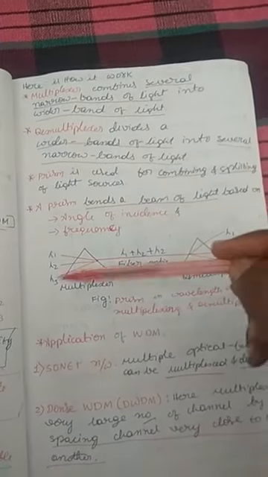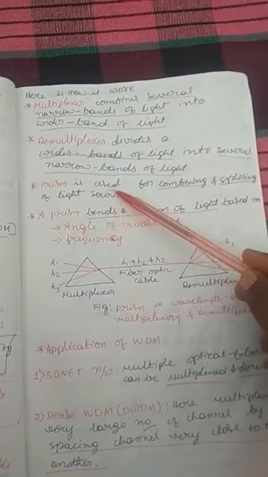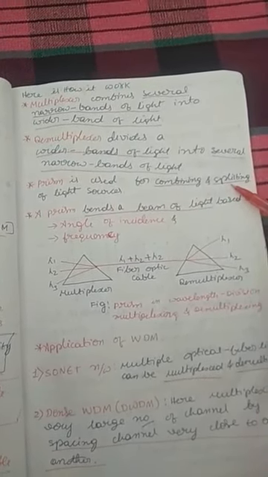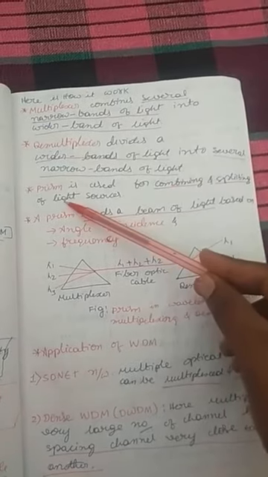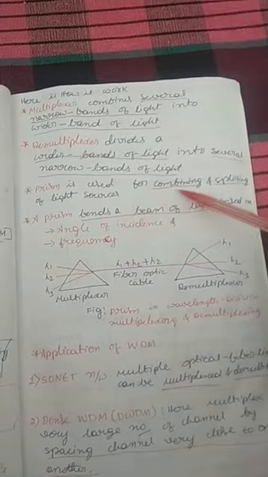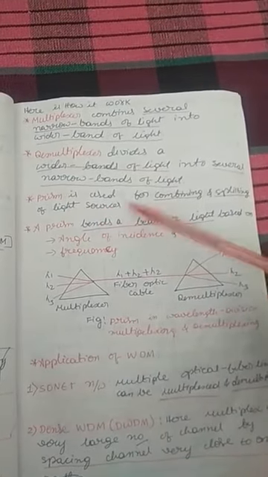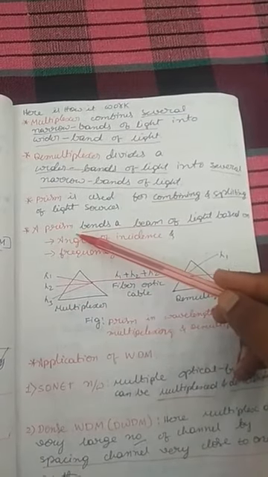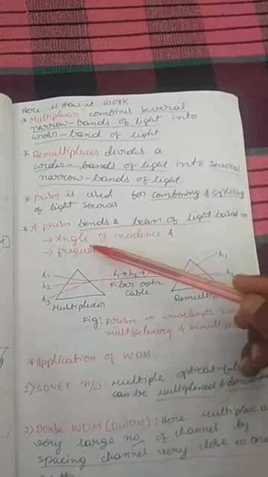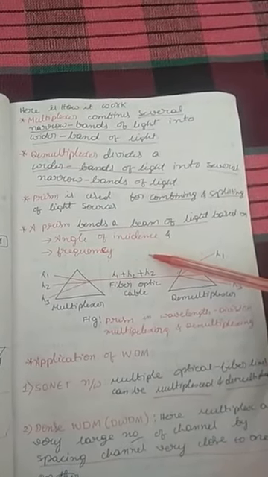This is a prism, this is also a prism. Prisms are used for combining and splitting, nothing but dividing, of the light source. A prism bends a beam of light based on the angle of incidence and frequency.